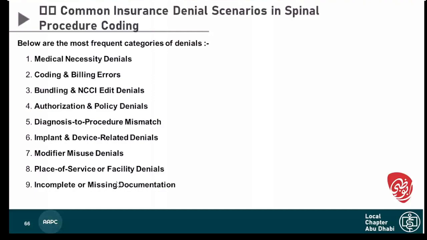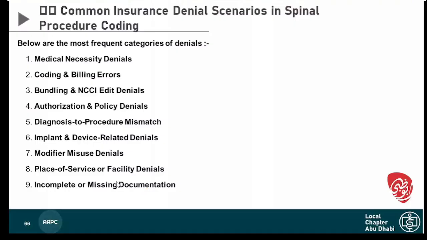Nerve means nerve roots and spinal cord. Then repair and reconstruction procedures, mainly for CSF leak. Physicians will perform dura repair. Then spinal fusion. Spinal fusion is the most complex procedure, so we have to be careful while coding.